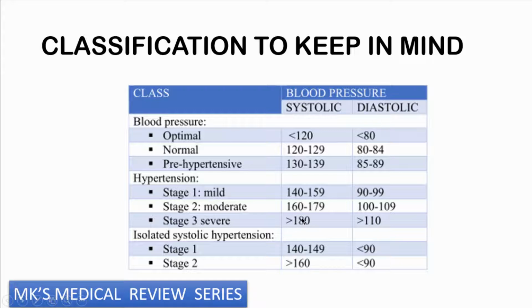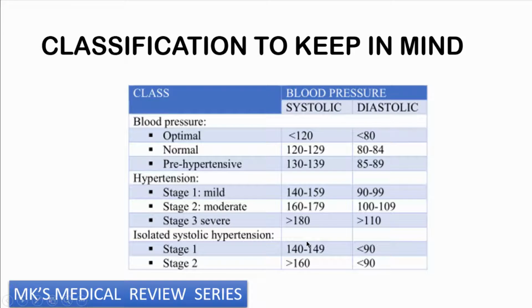And stage 3, greater than 180 systolic, greater than 110 diastolic. And then sometimes you may have isolated systolic hypertension, where you have an increase only in the systolic value, whilst the diastolic value remains less than 90. So if you have 140 to 149, that's stage 1, greater than 160, you refer to that as stage 2.